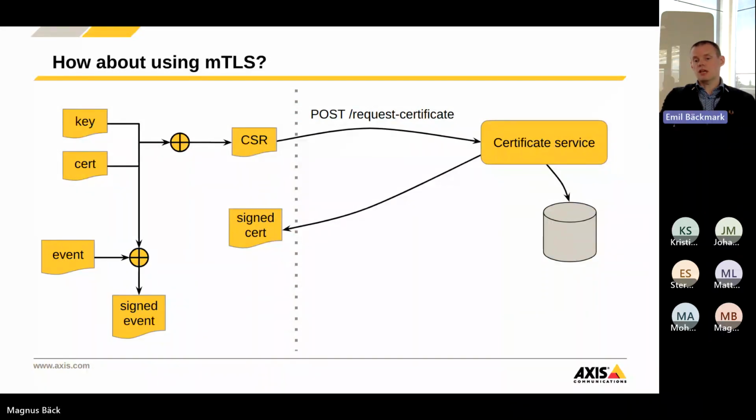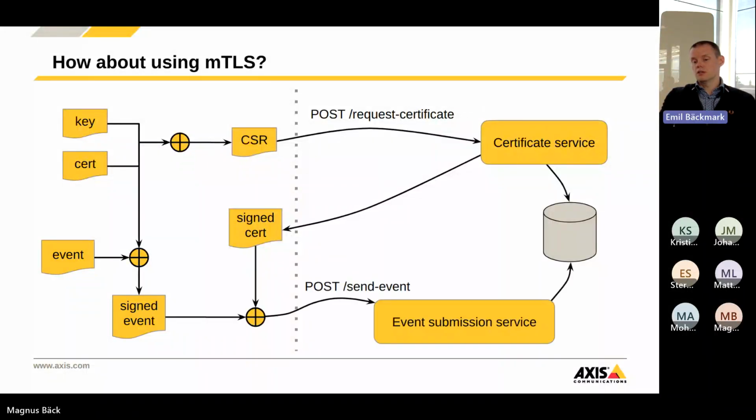The client can then reuse the same keys to combine with an event to produce a signed event, and will then use the returned signed certificate to post to the event submission service, which shares the certificate database with the certificate service and can use that to authenticate the client and also optionally validate the signature, so it doesn't pass on anything where the signature doesn't match.